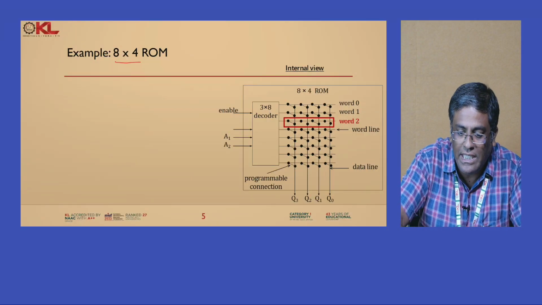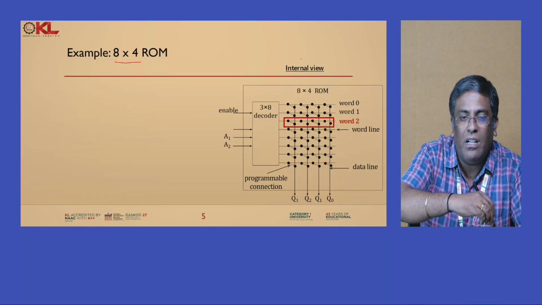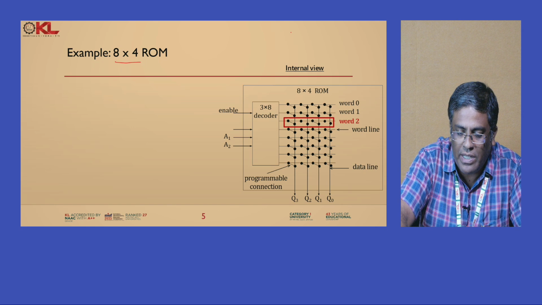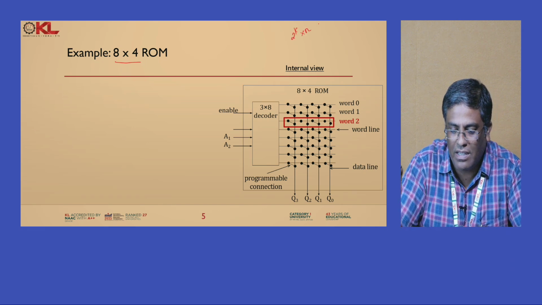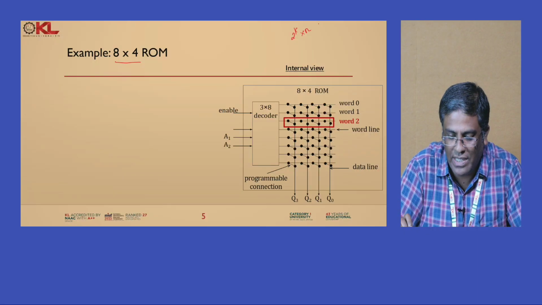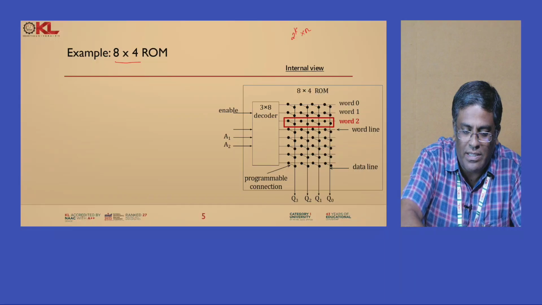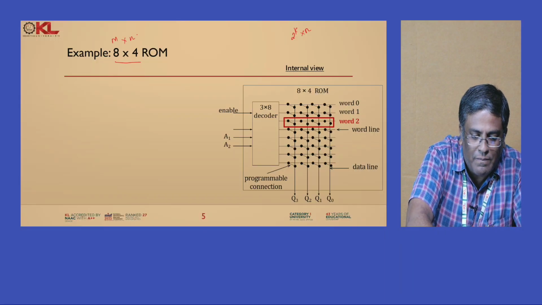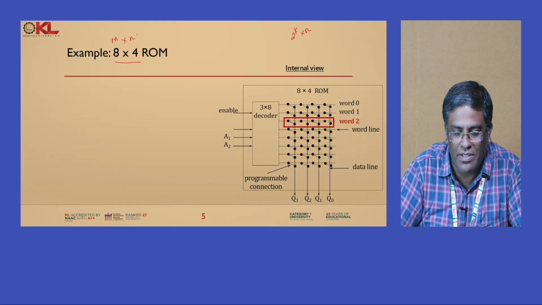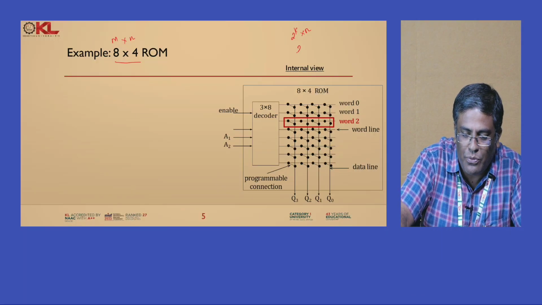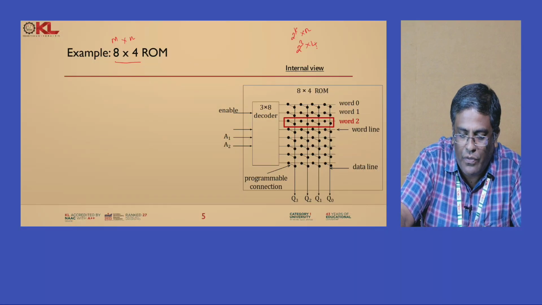You may remember that in the external view we wrote 2 power k cross n, and this is nothing but the m cross n structure. So we can write 2 power 3 cross n, where n is 4.